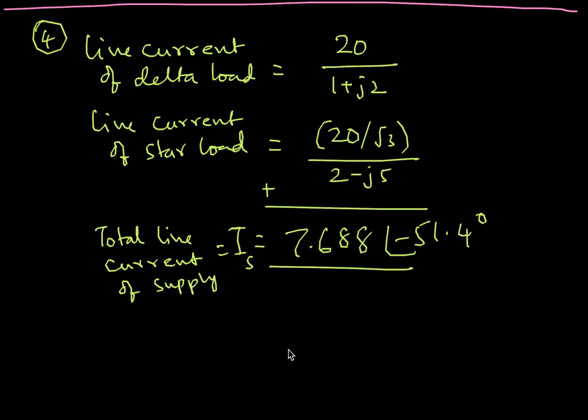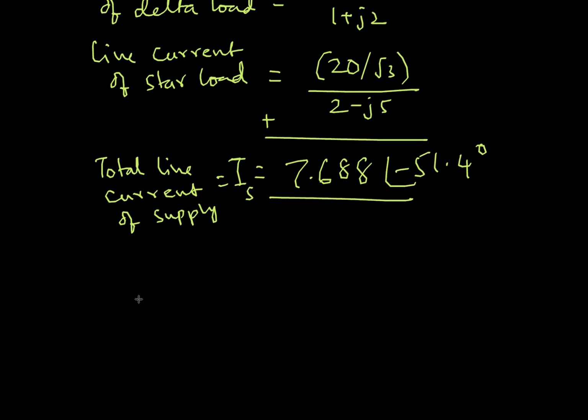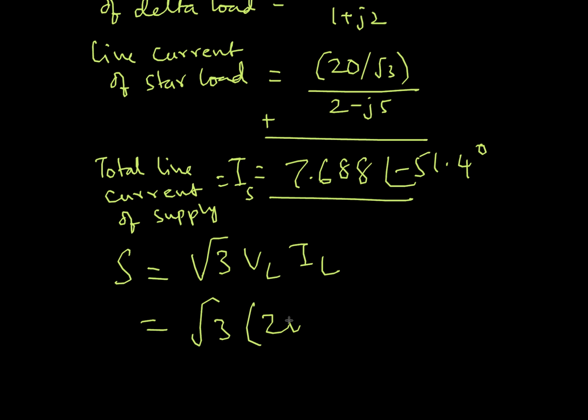Once I have the current, this is the total line current of the supply. So what is the complex power? This is nothing but root 3 VL IL. So root 3 into the line voltage, which is the phase voltage because it's a delta source, and the angle assume it to be 0. So 7.688 and the angle will be minus 51.4 degrees.